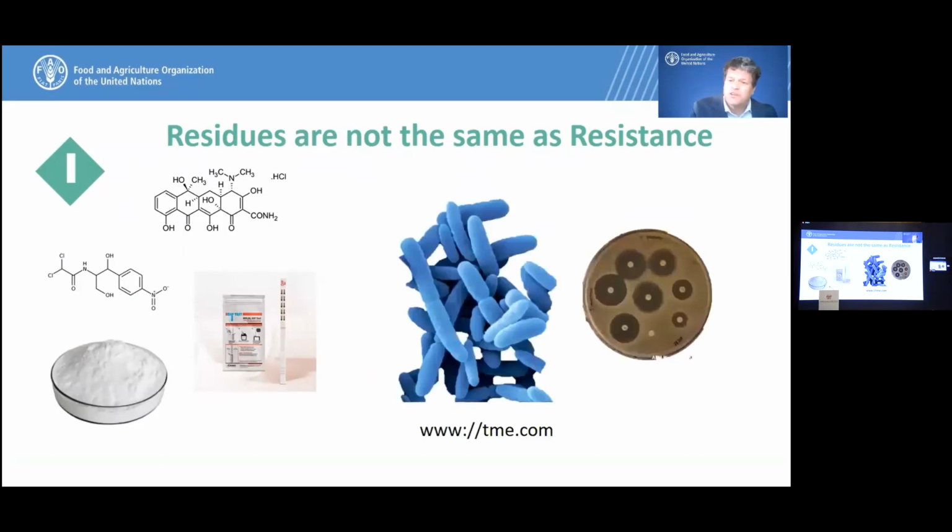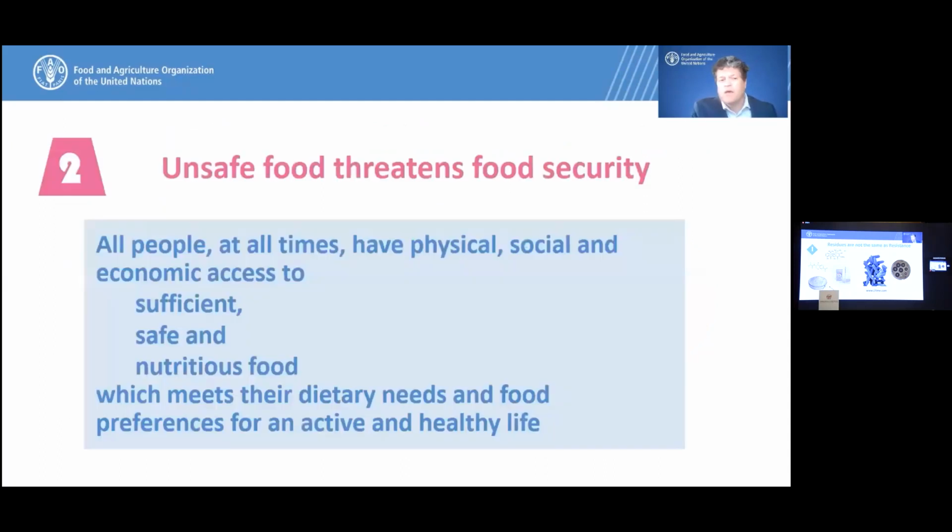In contrast, antimicrobial resistance is a trait or characteristic of the bacteria themselves, which they inherit or acquire, and makes them recalcitrant, if you will, to the microbicidal or microbiostatic effects of the drugs that are normally effective at inhibiting their growth or killing them.